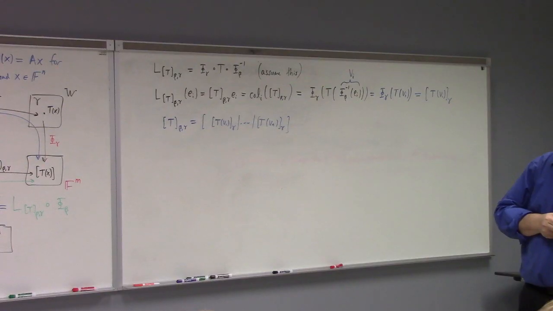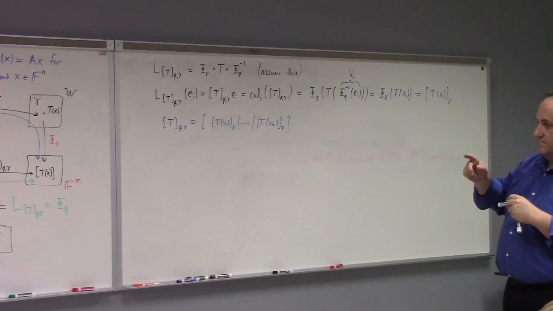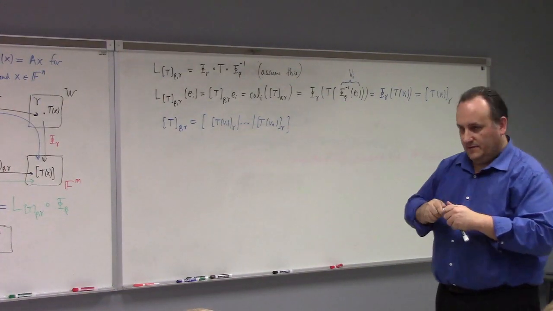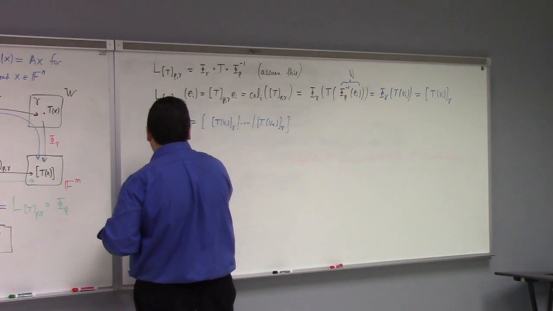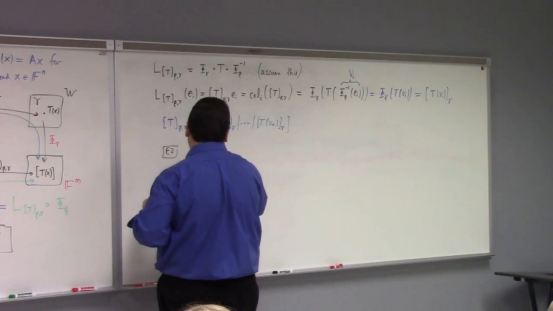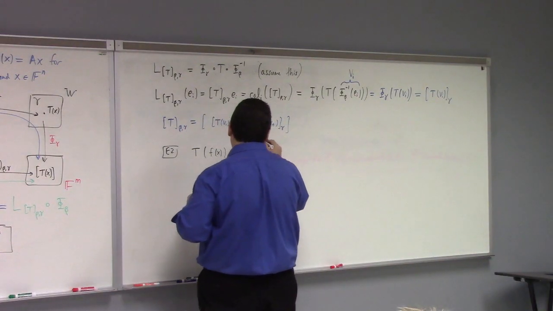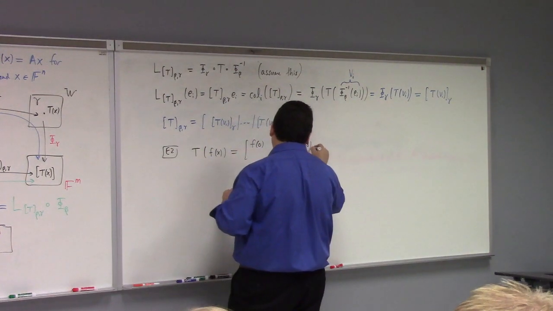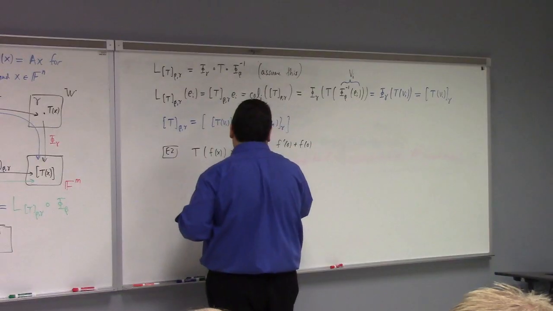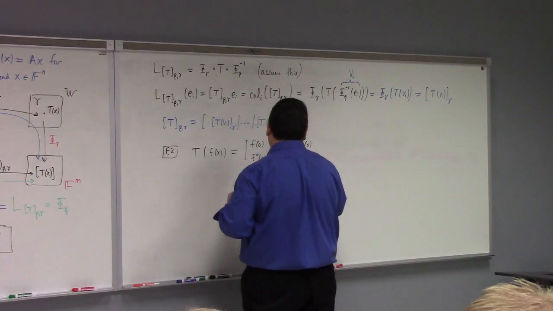So when you're calculating the matrix of a linear transformation, you have all of these to choose from. I personally prefer this one. Let me show you. So like example 2 here. Suppose we have T of f of x is equal to, say, f of 0, f prime of 0 plus f of 0, f prime prime of 0, and I'll put an f of 0 here again.